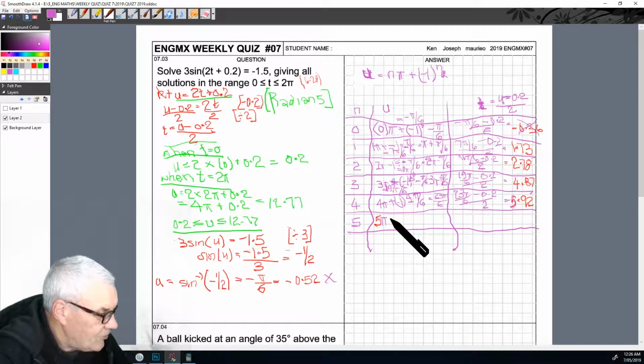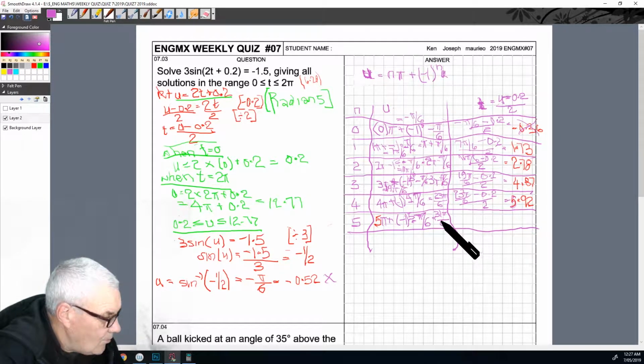Okay, plus negative 1 to the power of 5, so that's going to be negative, and that's going to be negative pi by 6, which equals 5 sixes are 30, plus, so that's going to be 31 pi by 6.